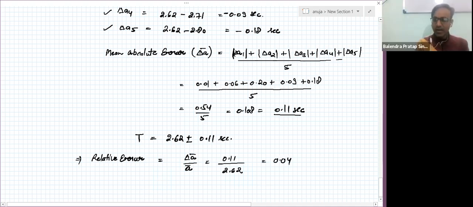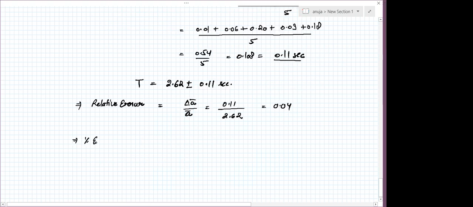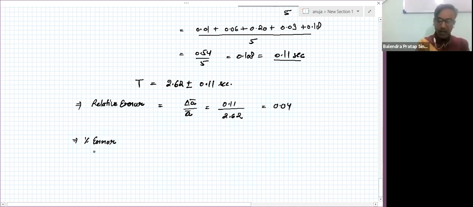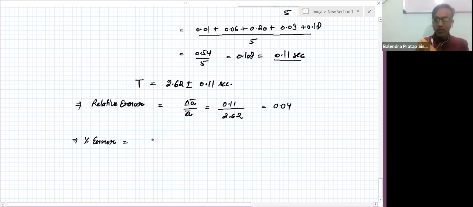After that, you can find the percentage error, multiplying with 100. So it's 0.11 divided by 2.62 into 100%, which is 0.04 into 100%, so it's 4%. So the error is 4%.